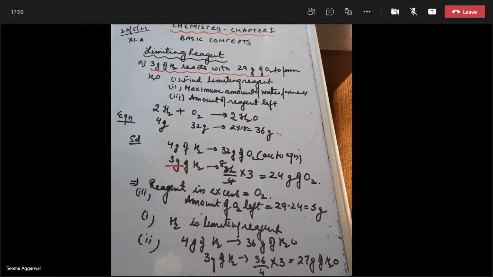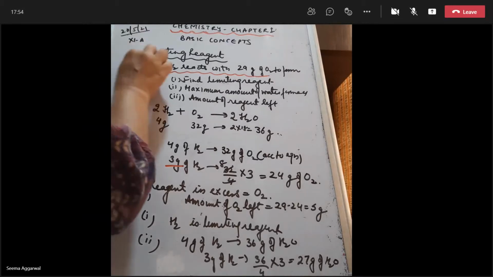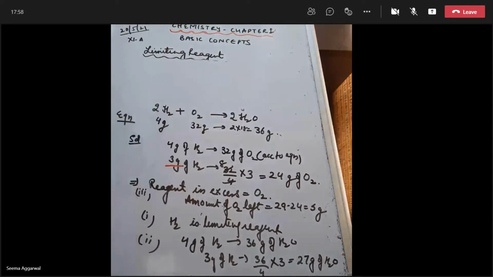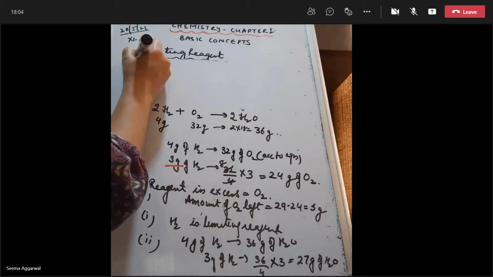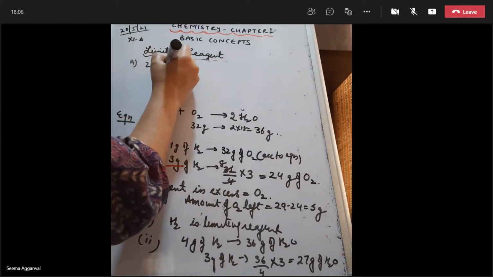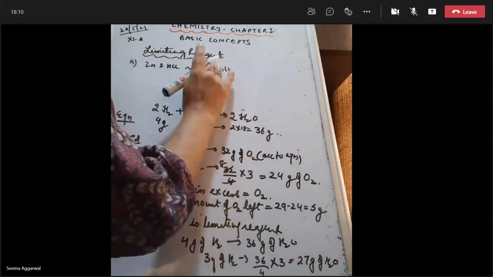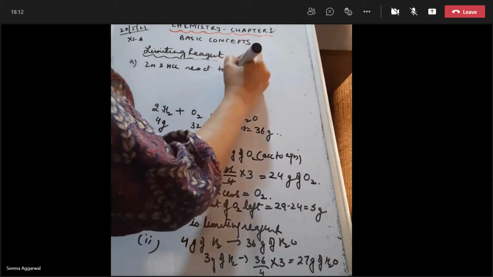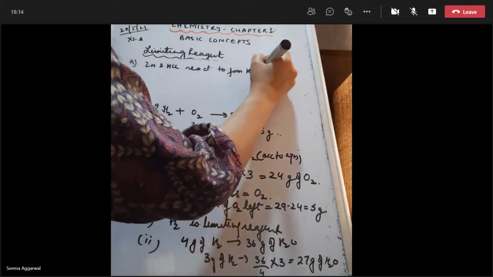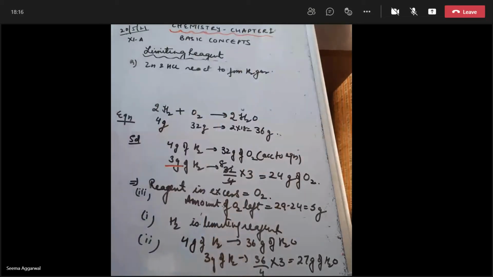Okay. Now I am taking more questions based on the limiting reagent. I am giving it to you first to try, then I will take it. Question is, zinc and HCl react to form H2 gas.